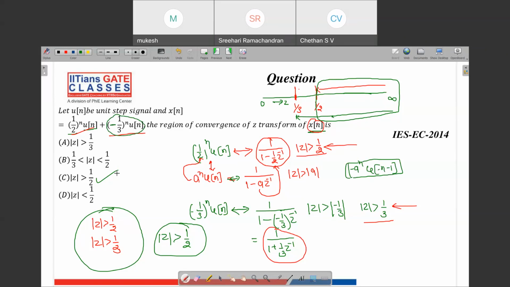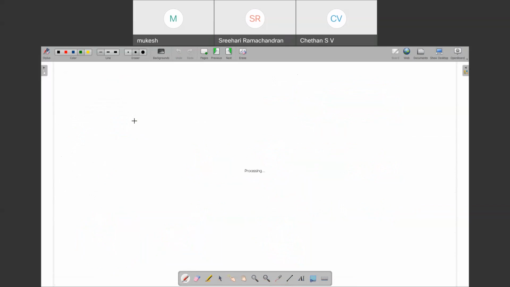With that you will not get the correct answer. So don't get confused with this. For that case, u has to be u[-n-1], but in here we have u[n], not u[-n-1].